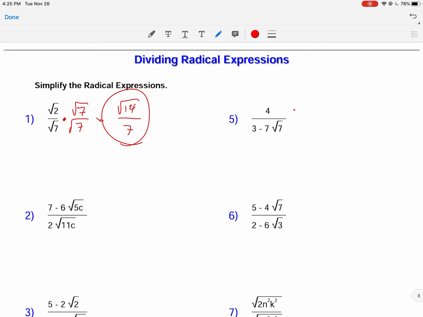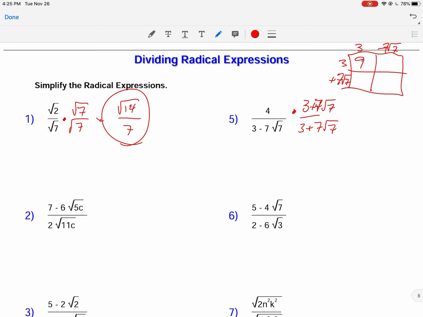Okay. I'll do one that has a conjugate to it. The conjugate of 3 minus 7 square roots of 7 is 3 plus 7 square roots of 7. Okay, let's do my FOIL. I'll do it up here in a box. So that was 3 minus 7 square roots of 7 times 3 plus 7 square roots of 7. That's a 9.